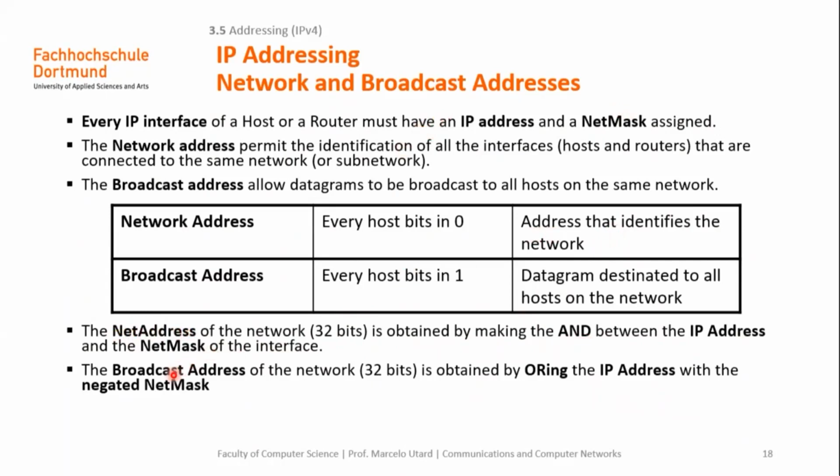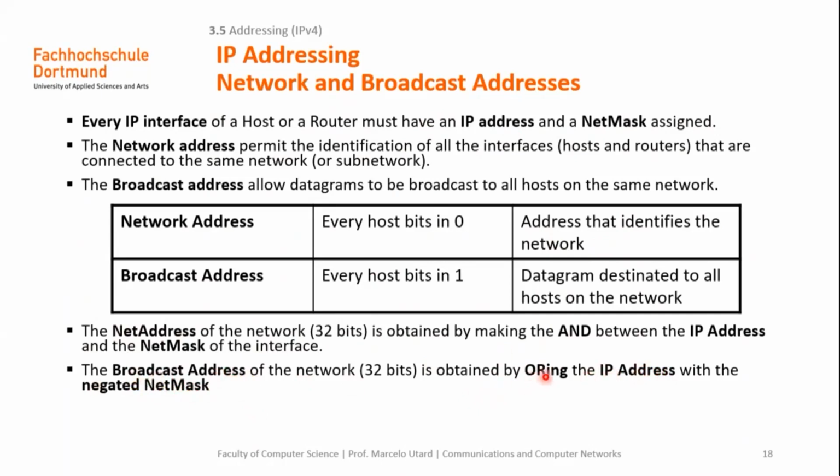In order to calculate easily the broadcast address of the network to which any interface is connected, we need to perform a logical OR operation between the IP address of the interface and the netmask negated. The result of this logical operation is the broadcast address.